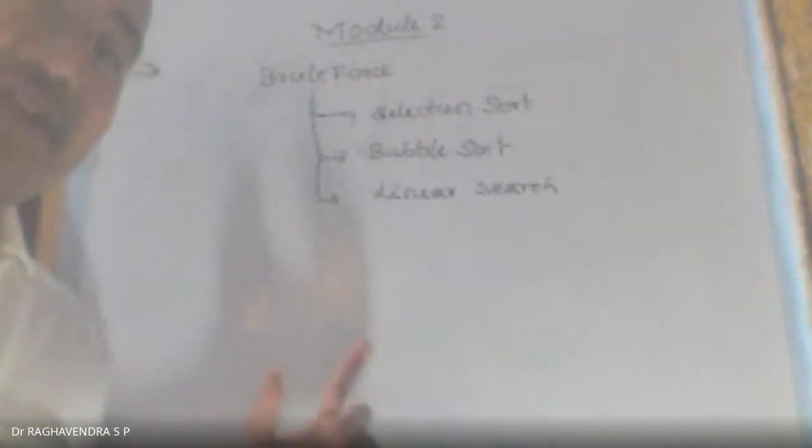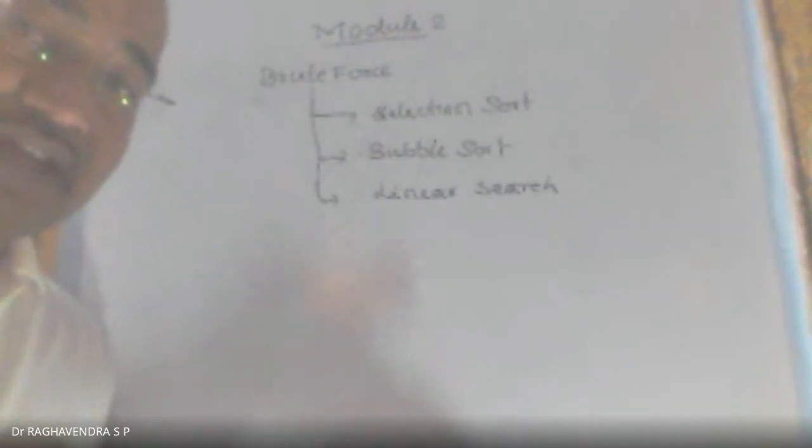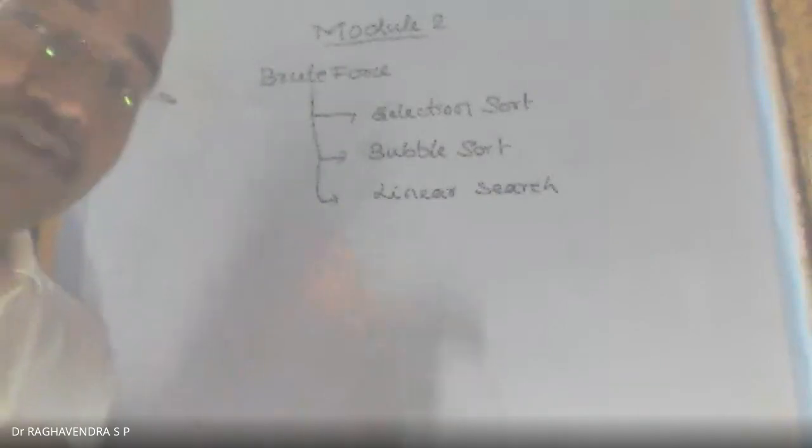First, we are going to take the definition of brute force. Then we take selection sort, which I think I explained in the previous class. No worries, if not, I will cover it once again. Then we discuss bubble sort. Once we define the algorithm, we take an example, then perform the mathematical analysis, that is, identify the time complexity.